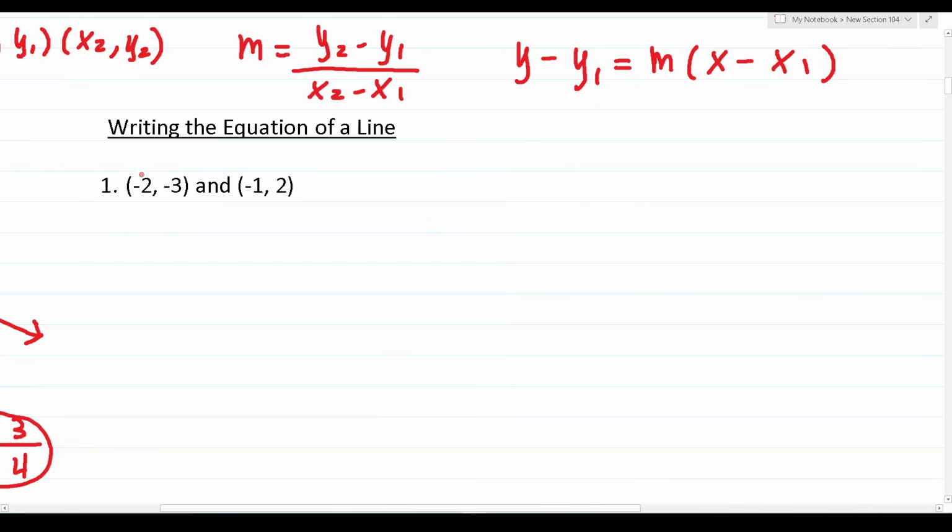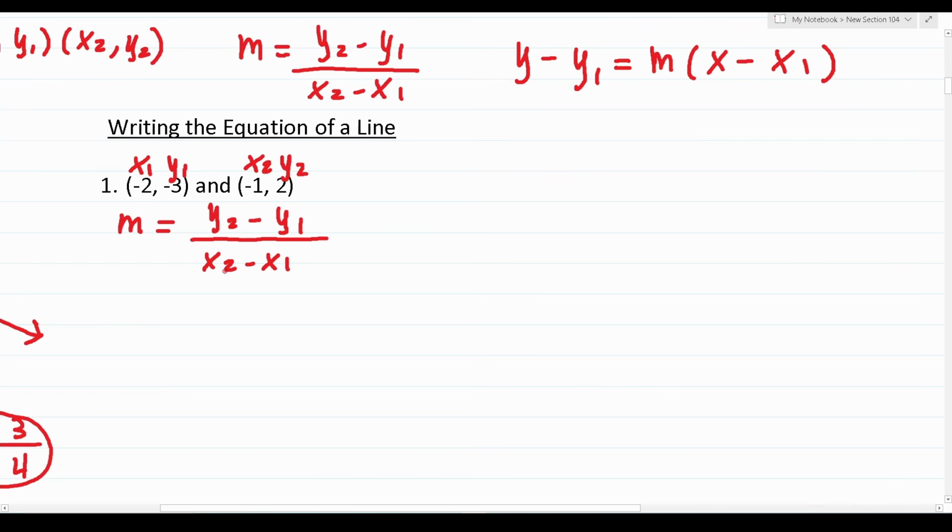To get started, I'm simply going to label the values of my ordered pairs. So this is going to be x1, y1, which makes this x2, y2. First things first, I need to figure out what the slope is of the line that passes through these 2 points. Again, we can find that using this formula, m equals y2 minus y1 over x2 minus x1.